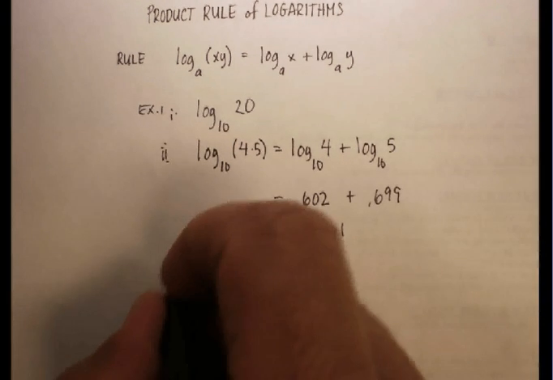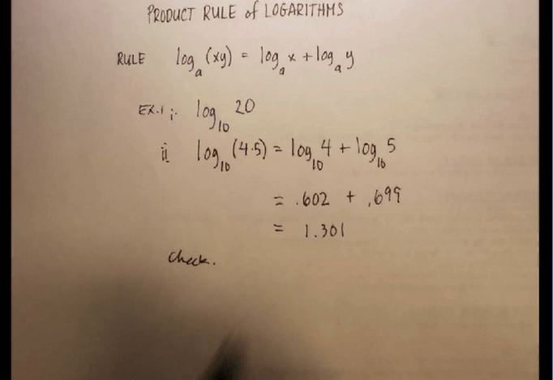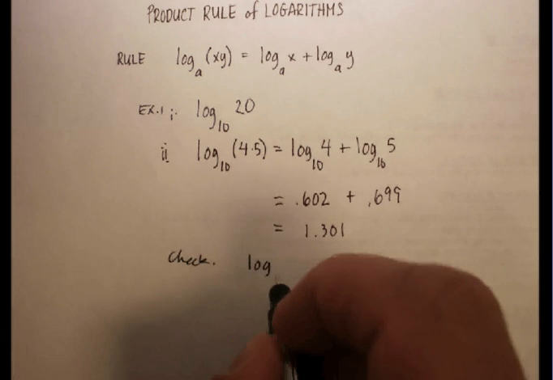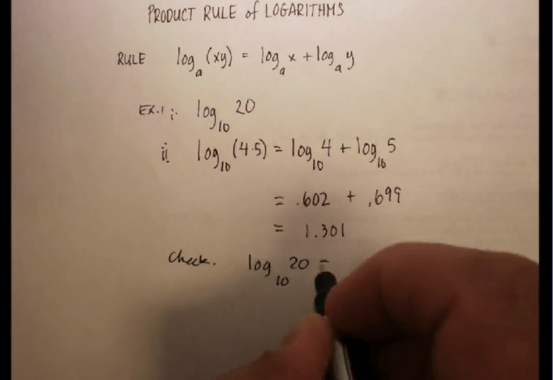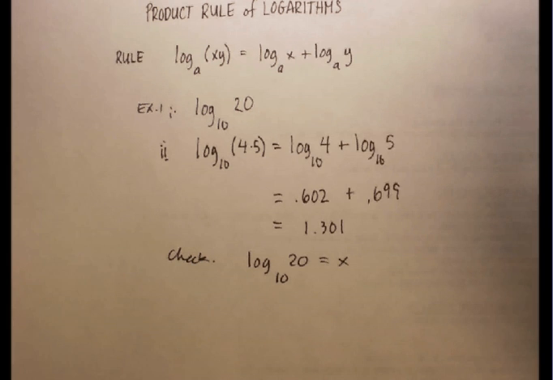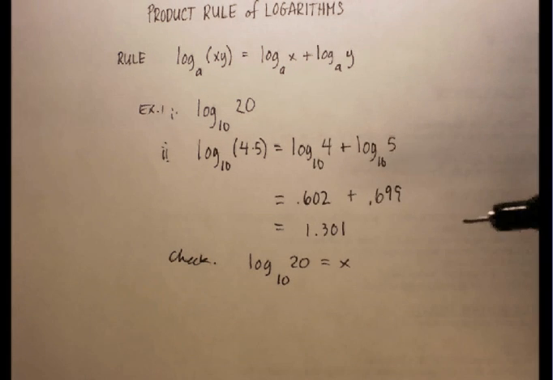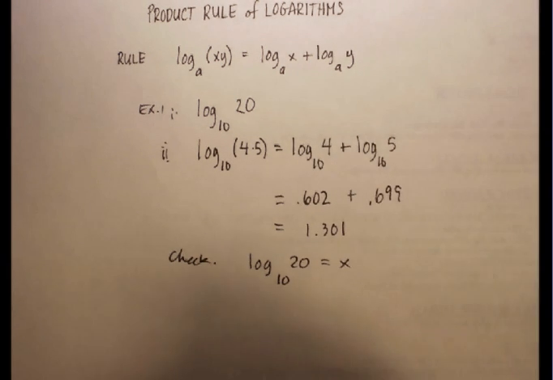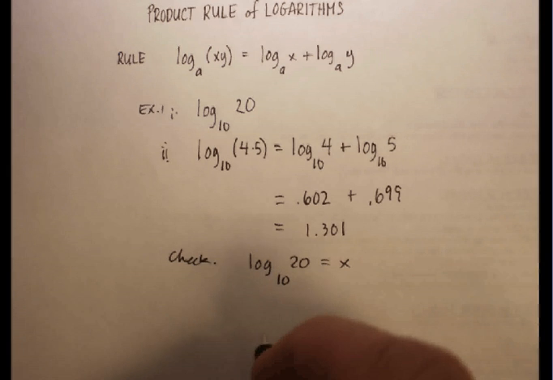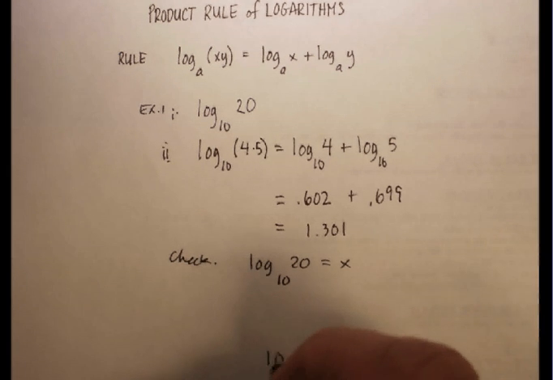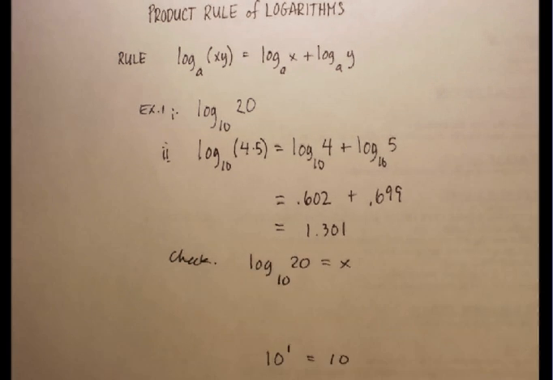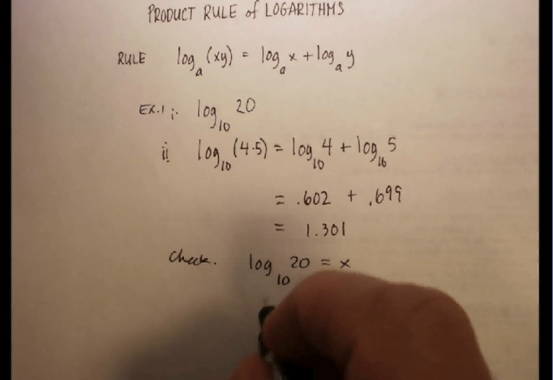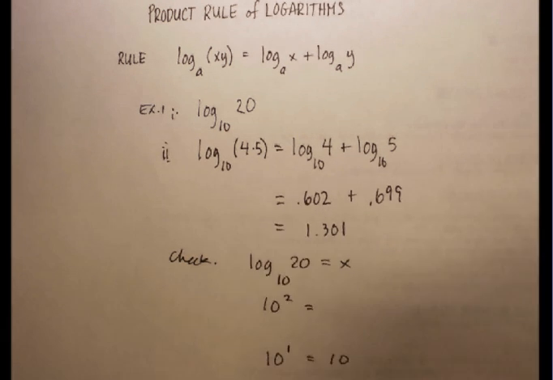Now let's see if that makes sense in the context of our particular problem, okay? If we look at our regular problem, log base 10 of 20 is equal to something. We don't know what it is. What's the exponent that will make this a true statement? Let's see what we do know. I know that 10 to the first is equal to 10. I know that 10 squared is equal to 100.